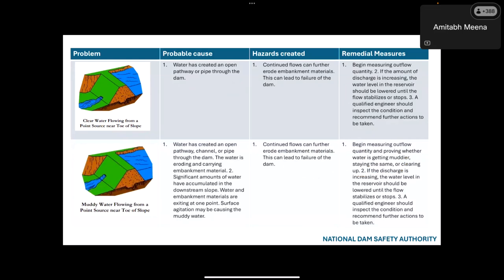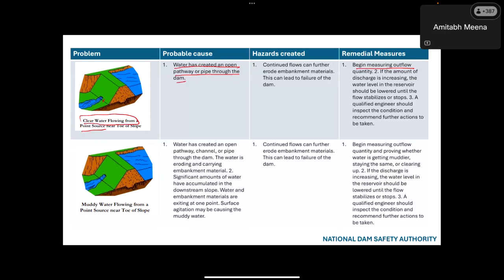So this is the piping we can see here. But in this case, it is clear water flowing from a point source near the toe. Water has created an open pathway or pipe through the dam. What we should do is begin measuring outflow first. If a very huge flow is coming, then we immediately reduce the water level.